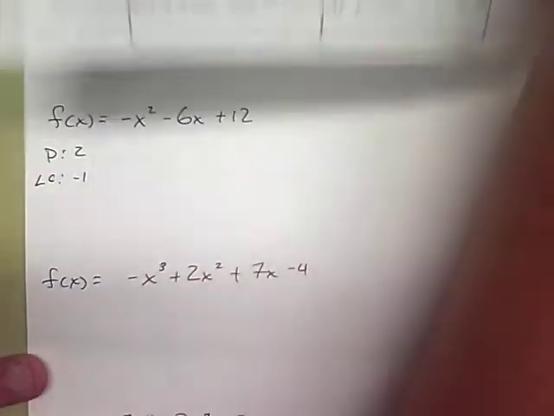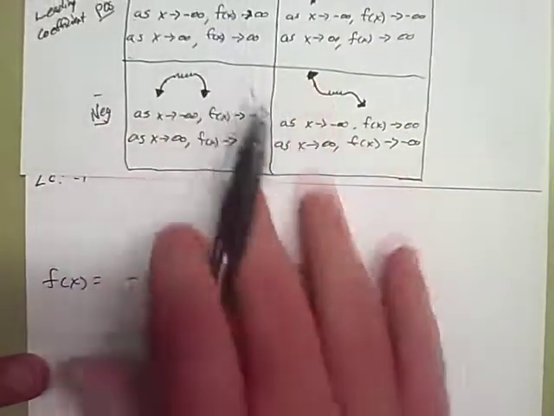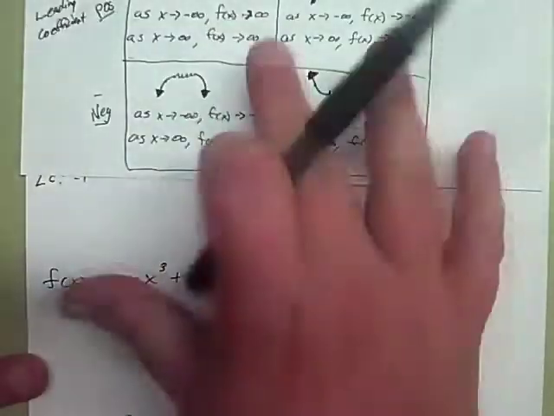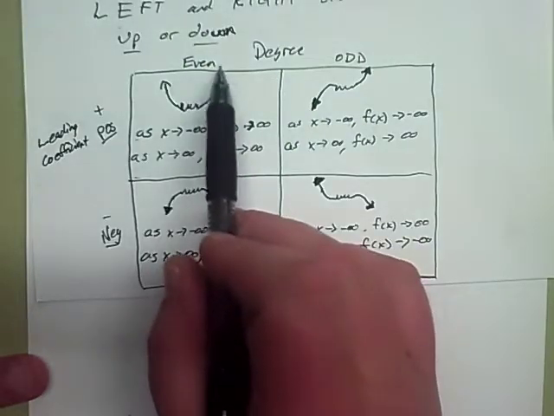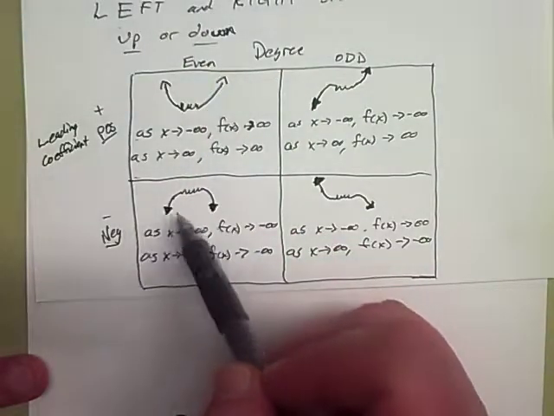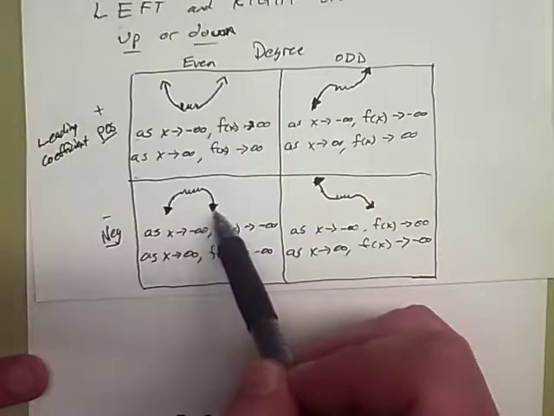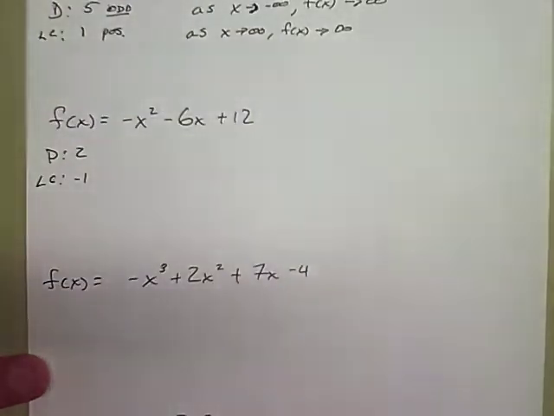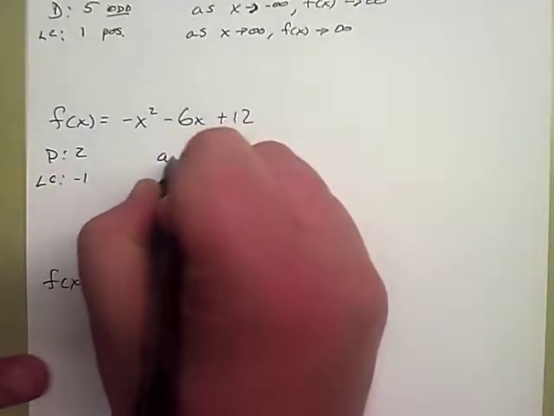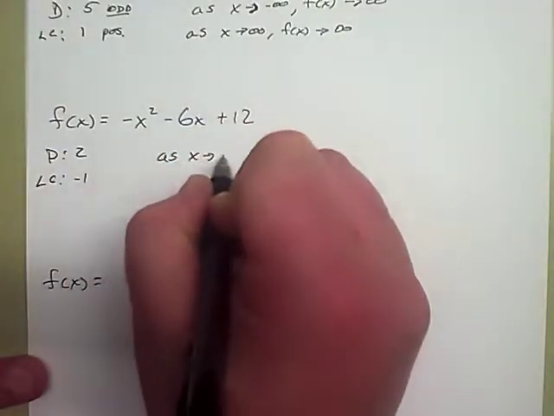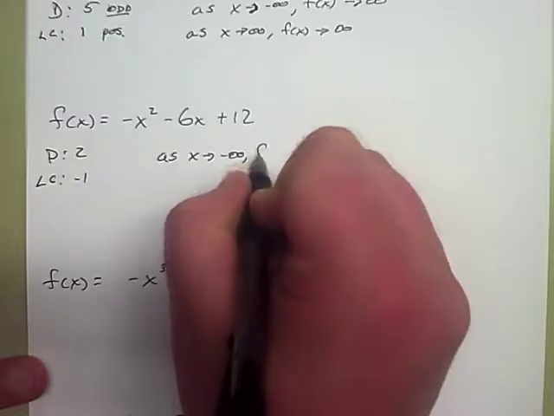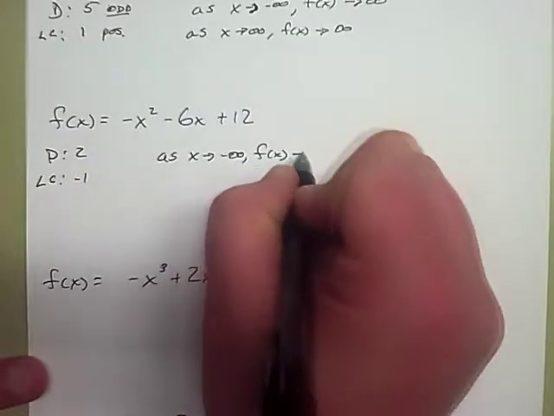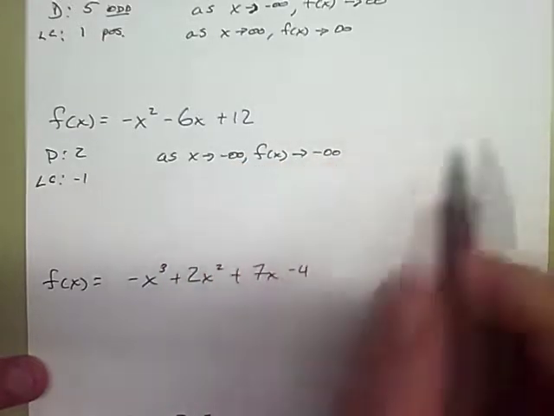I go to my chart. I have an even degree. I have a negative coefficient, so I know my arrows are both going to be pointed down. The arrows are both pointed down. So then we could say on the left side, as x approaches negative infinity, f of x is also going to approach negative infinity, right?